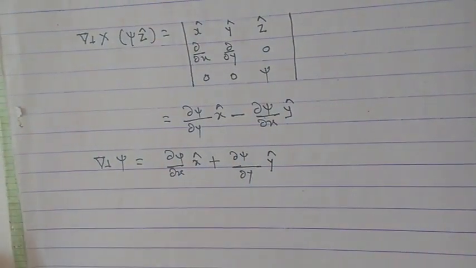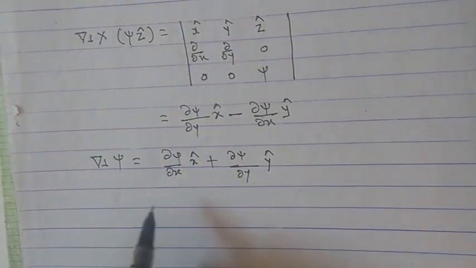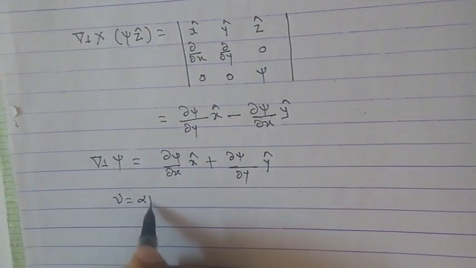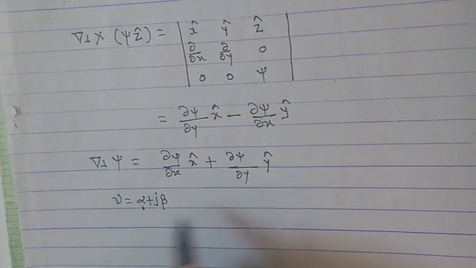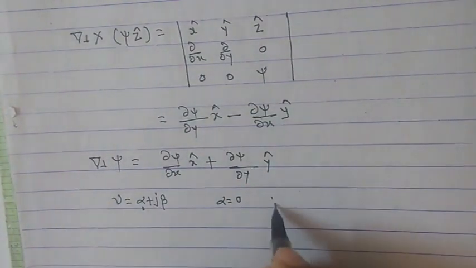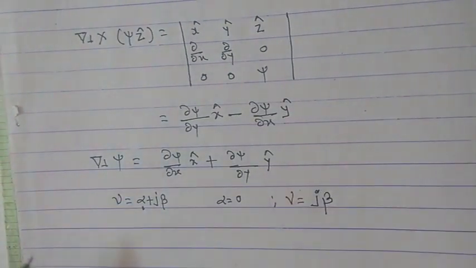Now our medium is a lossless medium. For a lossless medium, you know that the propagation constant gamma is alpha plus j beta, and alpha is the attenuation constant. So this alpha is 0 in a lossless medium, and the propagation constant gamma will be j beta only. Why are we doing this?